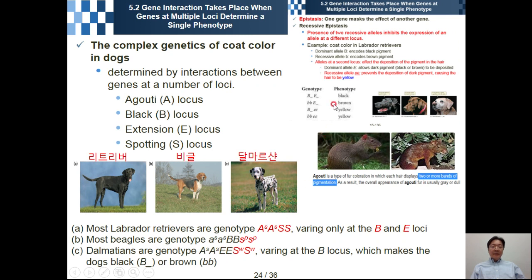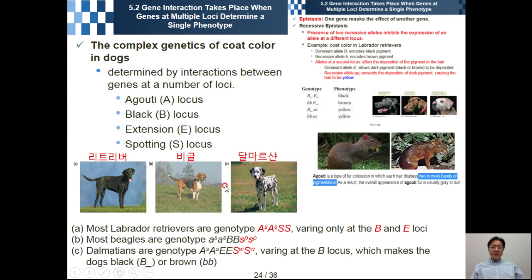It means that they will have the color black or brown. This Dalmatian has the brown color. And also they have SW. SW means that they have dots like this, and the background is white. So bearing the B and black color makes them black or brown like this.